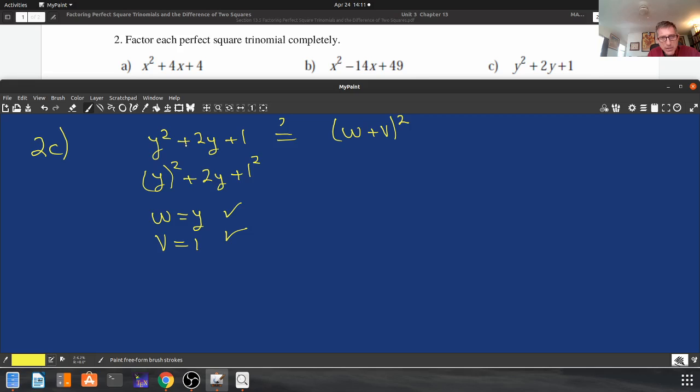Since this is a plus here, I just have to check the value of 2wv, and that's 2y, because v is 1, and that's what I have. So the answer is yes. All of my criteria are met. So my w is y and my v is 1. So y squared plus 2y plus 1 is equal to y plus 1 squared.